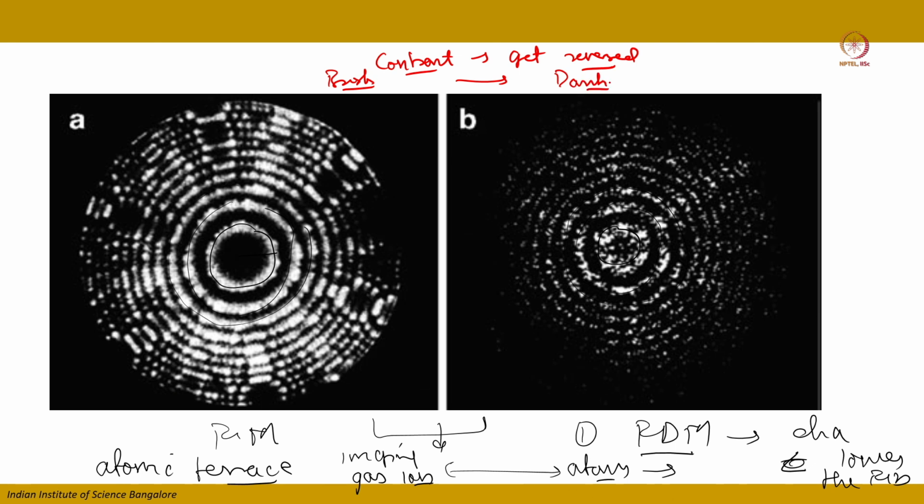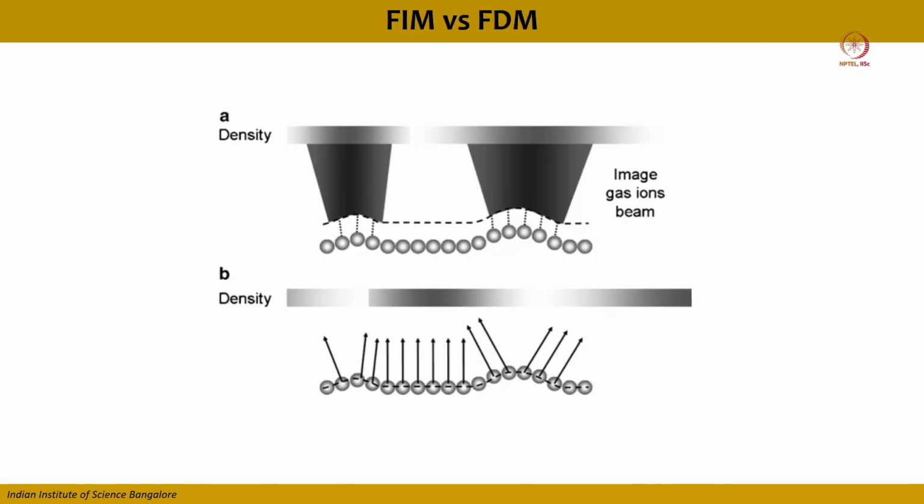Why is it so? This can be understood by the atomic density projected on the FIM or the FDM image. The first case, A, is related to FIM, and the second case is FDM.